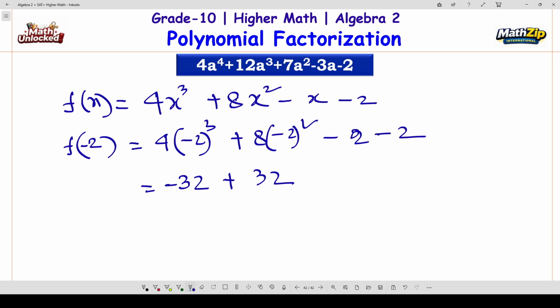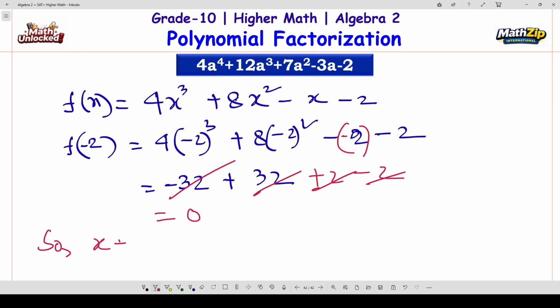And this one, here is a minus, so it should be minus and minus plus 2, and here is a minus 2. So this one, this one, this one, this one out, 0. So we can write x plus 2 is a factor. Okay, so x plus 2 is a factor.